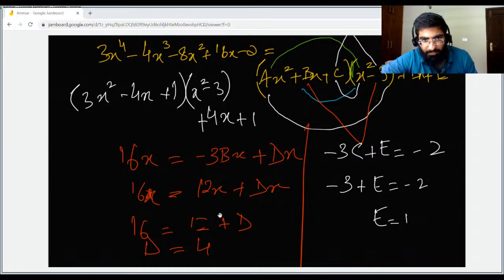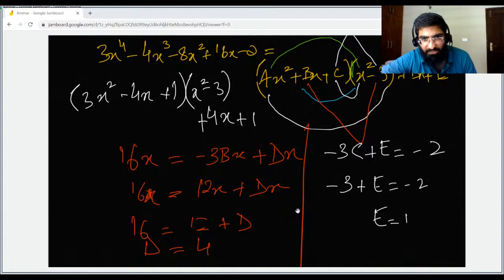I just kept on getting how will I get x4, how will I get x cubed, and how will I get x squared. So I will get x squared if I multiply c with x squared and minus 3 with ax squared.